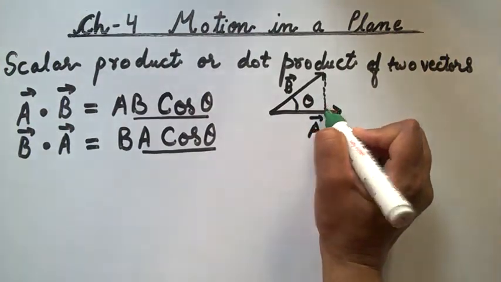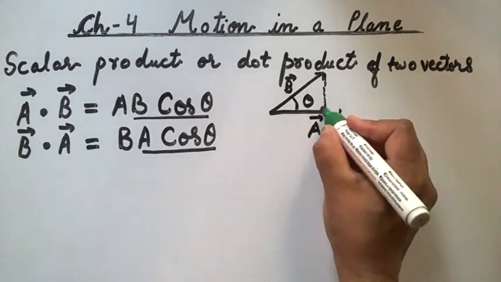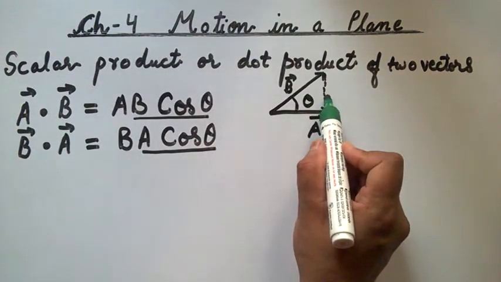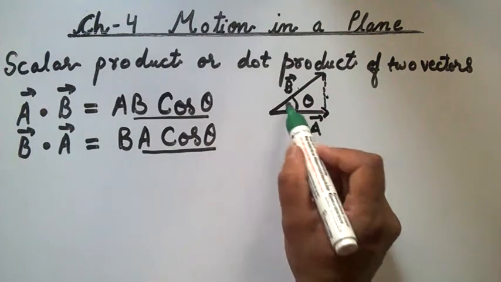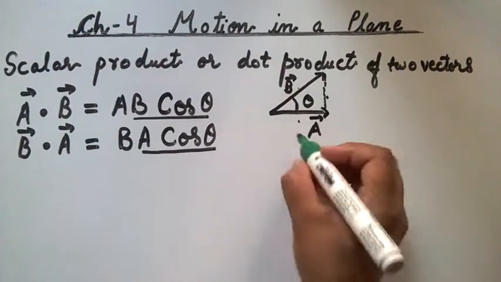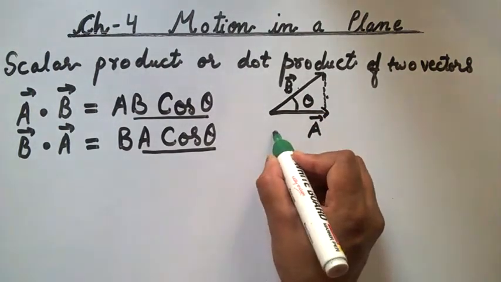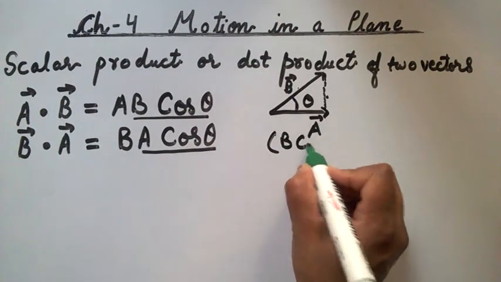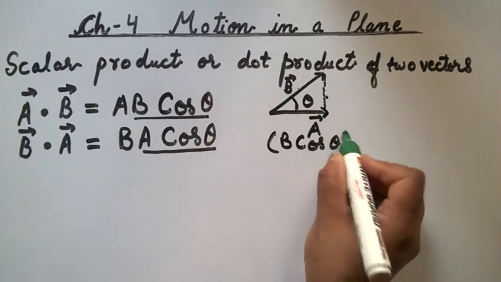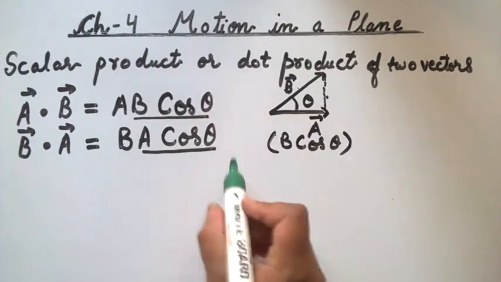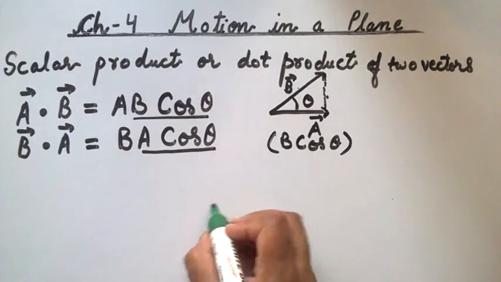This is perpendicular, hypotenuse, and this is base. For component b, we can write this is the b cos theta component in the direction of a vector. Similarly, a cos theta component can also be drawn in this manner.